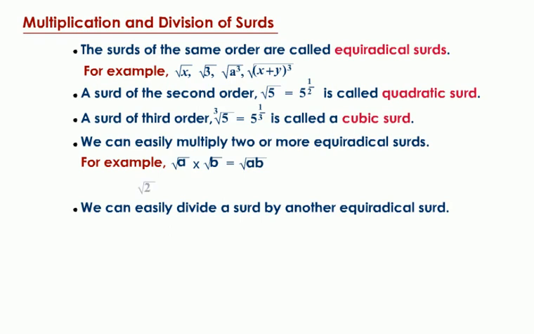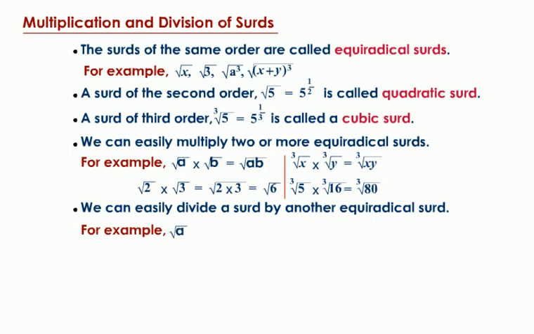That is, √2 into √3 is equal to √(2 into 3), which gives us √6. Similarly, cube root x into cube root y equals cube root xy. That is, cube root of 5 into cube root 16 equals cube root 80.